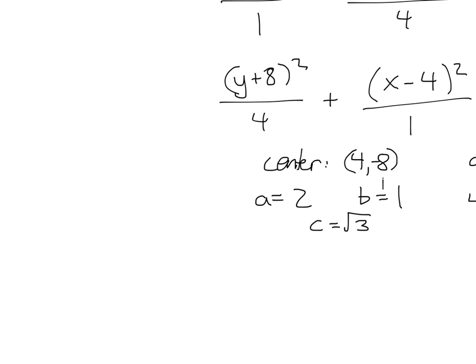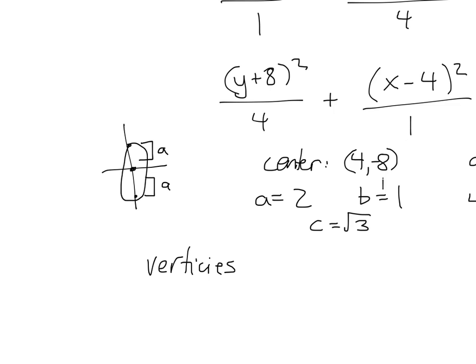Those are going to be our vertices. If we draw a quick picture here, our center is going to be there because it's vertical. This is going to be our a distance to our vertices. Then we'll have an ellipse like that. Just a little visual for you there.